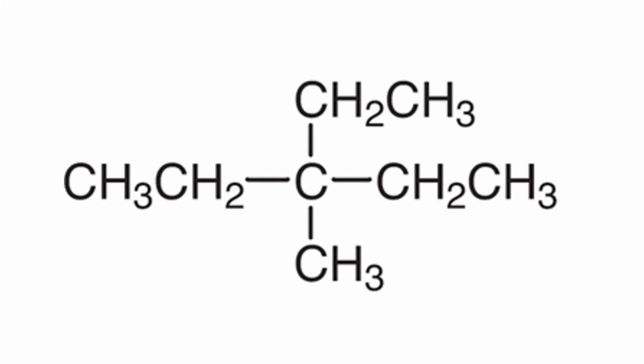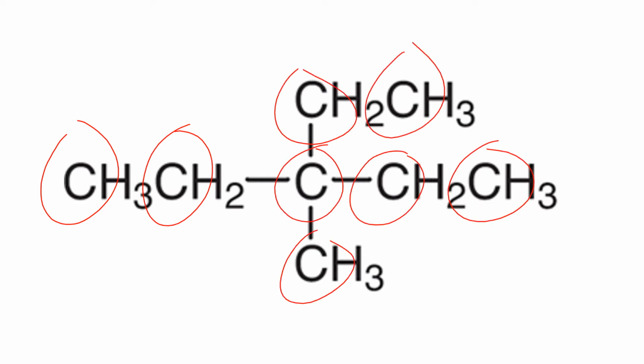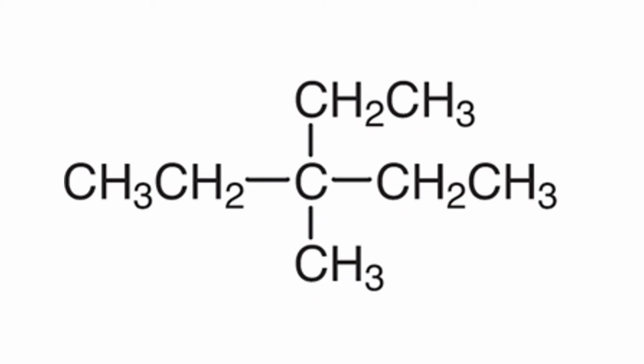With 13C NMR, we are obviously looking at the carbons. There are 5, 6, 7, 8 carbons in this molecule, and we're basically looking at how they differ from each other. What are they bonded to? This carbon here is at the end.